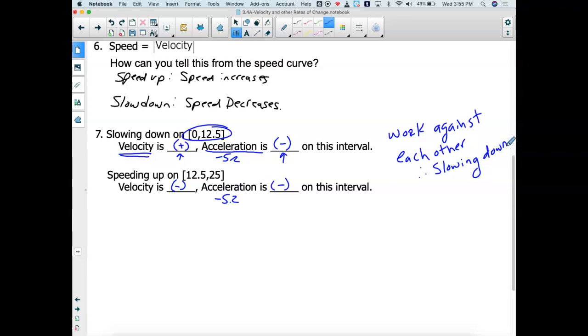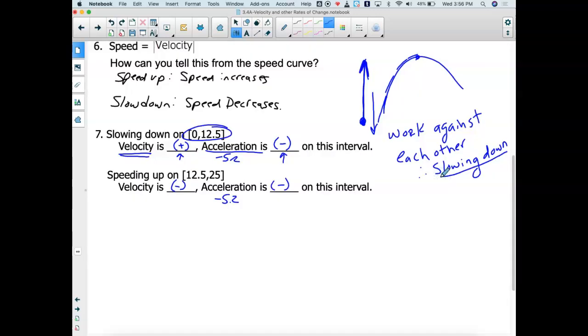Now think about it. When we took the ball and threw it up, my velocity was positive as it was going up. It was slowing down, but it was positive, because all those tangent lines on my position graph were positive up to there. So when I'm throwing it up, gravity is working against it, pulling it down, slowing it down.